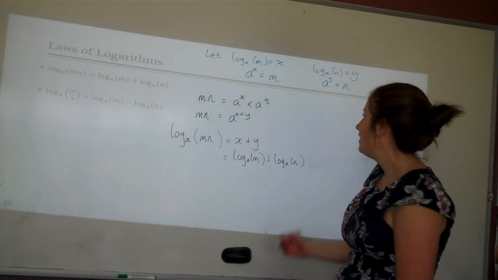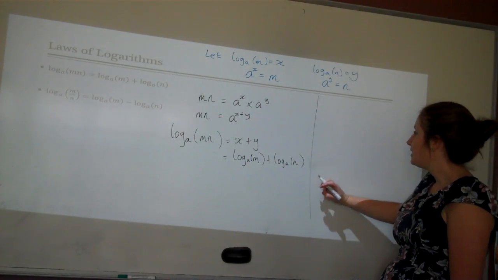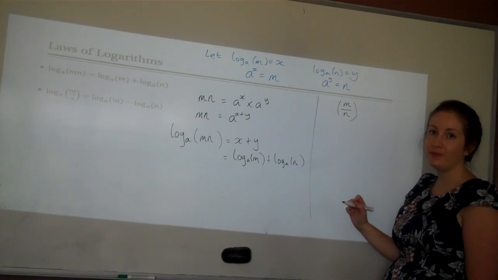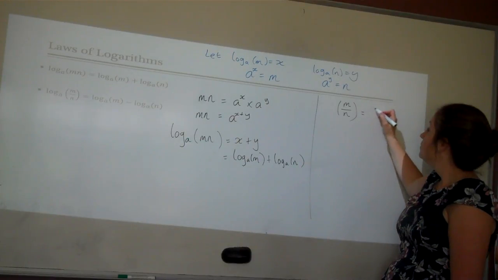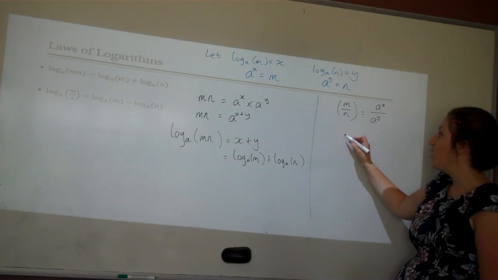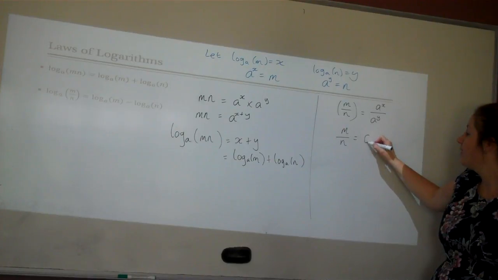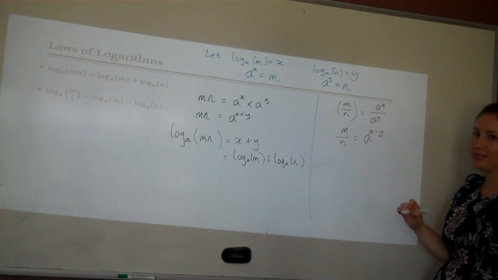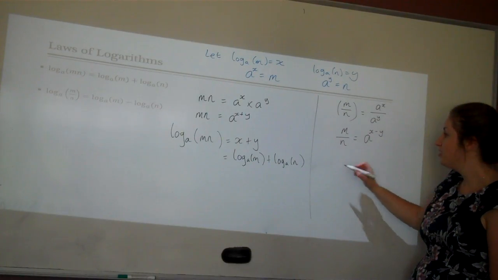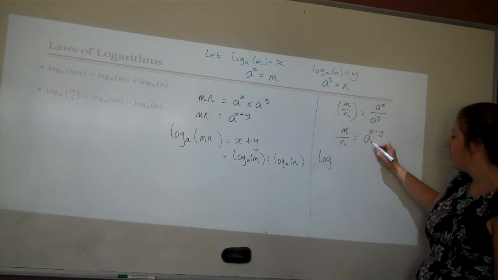We can prove the second one in a very similar way, and you might like to try this one for yourself. This time we consider what happens when I divide m by n. That means I'd be taking a to the power of x divided by a to the power of y. Again, we know when we divide, we subtract the powers, so it would give me a to the power of x minus y. Now we need to convert this to a logarithm equation, so once again we take log of the base, which is a.